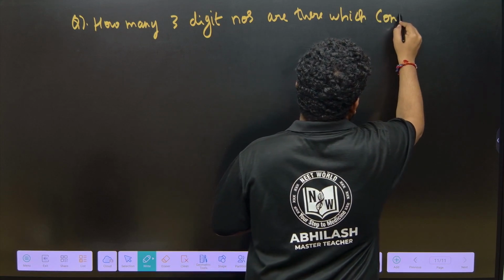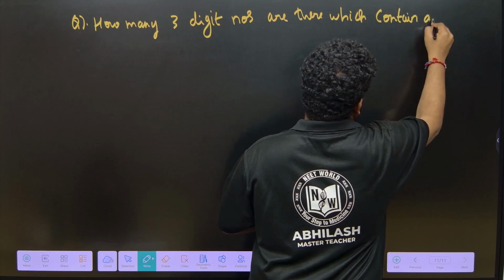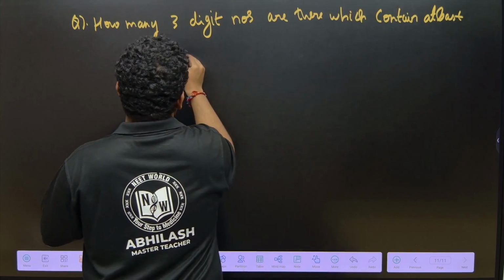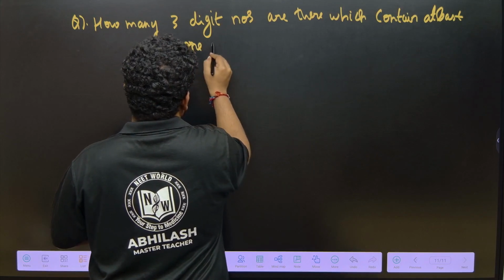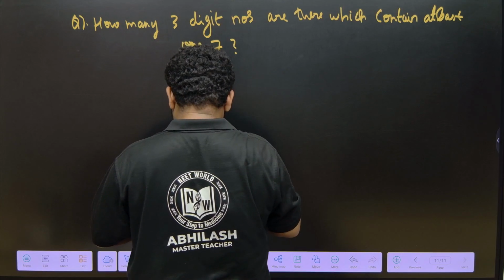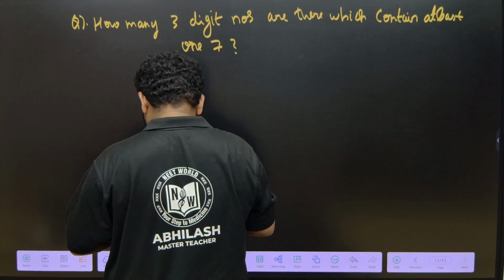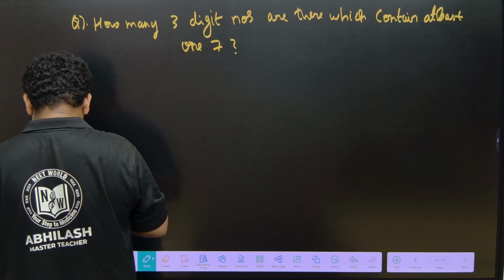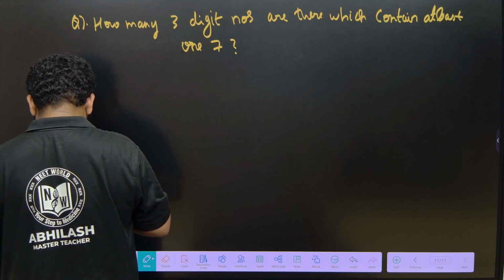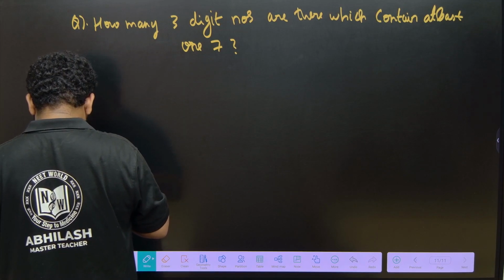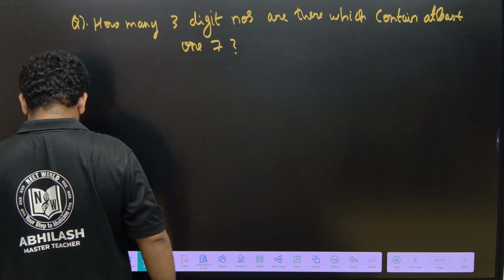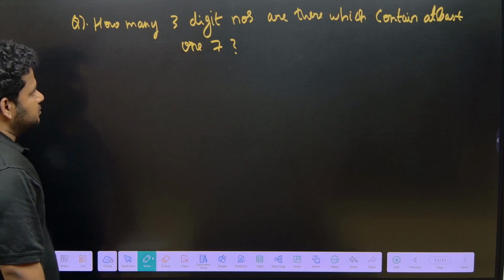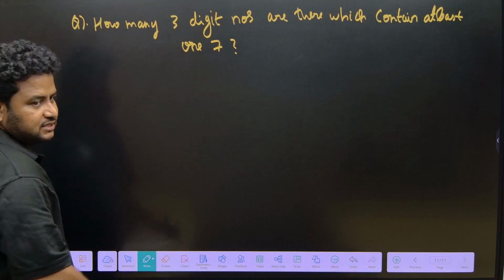Which contain at least 1 seven. Think about how to solve this. So how many 3 digit numbers are there? Let us fix this.